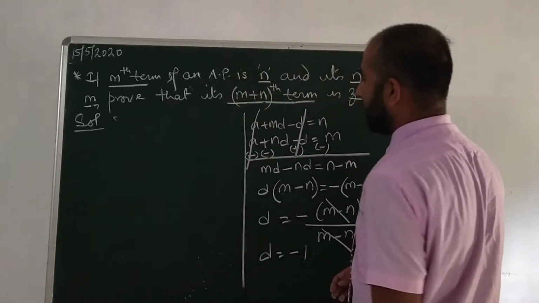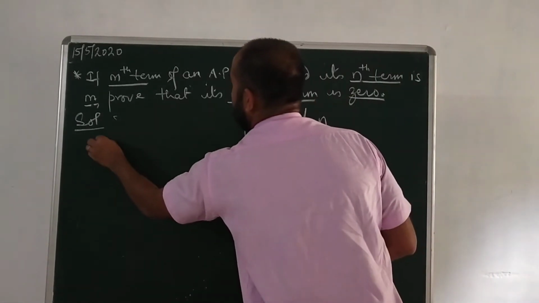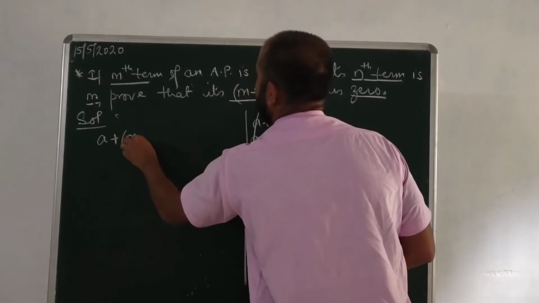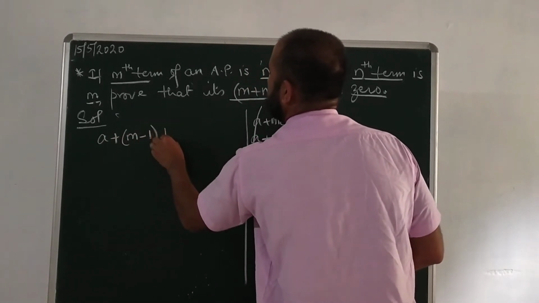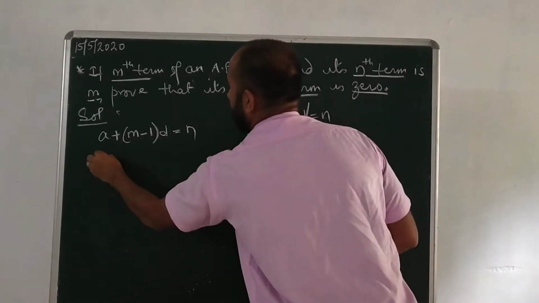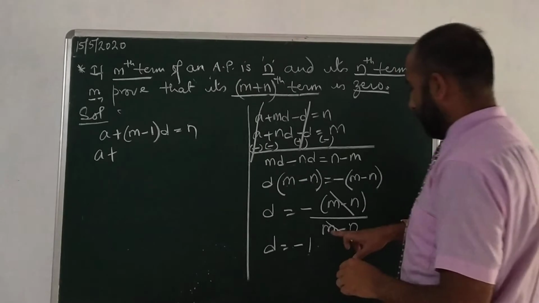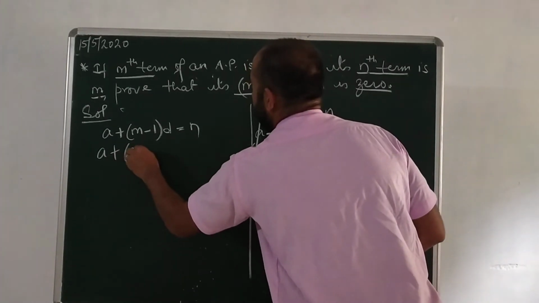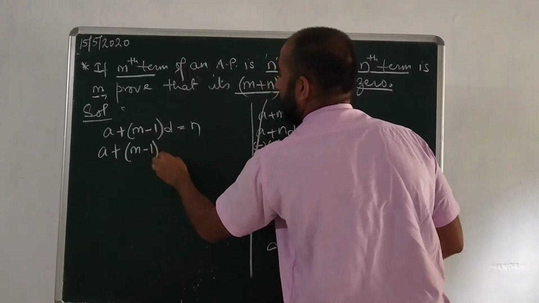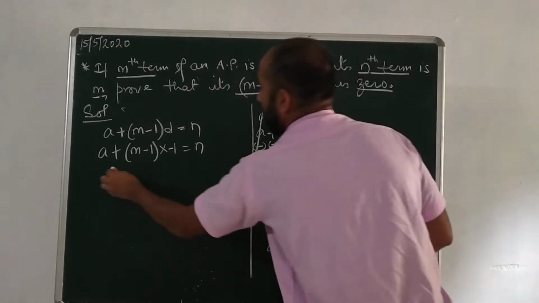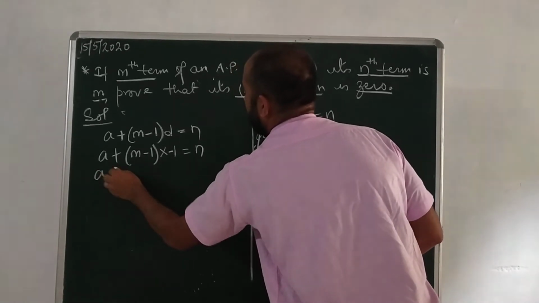For that I need the first equation, that is a plus (m minus 1) d equals n. Okay, so a plus, we got the value of d as minus 1. So m minus 1, I'll put the value of d as minus 1, equals n.